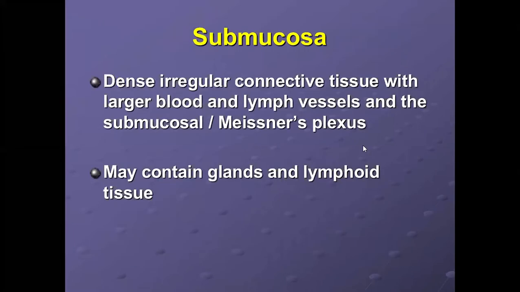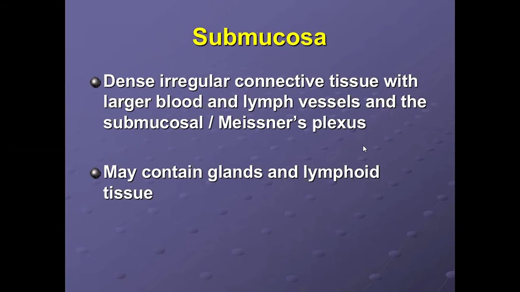Submucosa. What do you see in the submucosa layer? Okay, this is basically dense irregular connective tissue with larger blood vessels, lymph vessels, and the submucosal or Meissner's plexus.